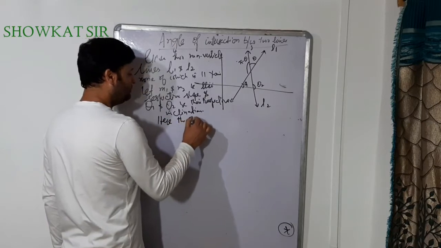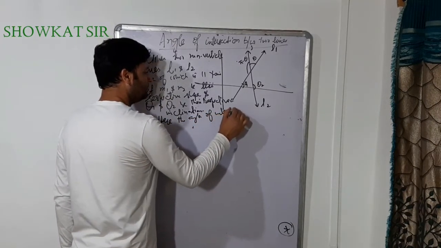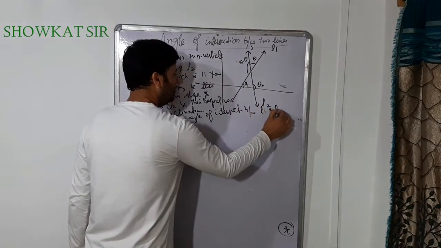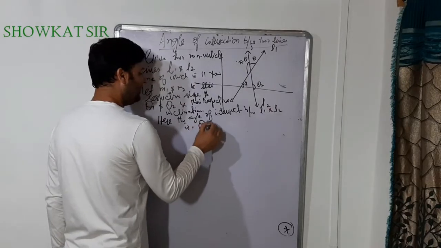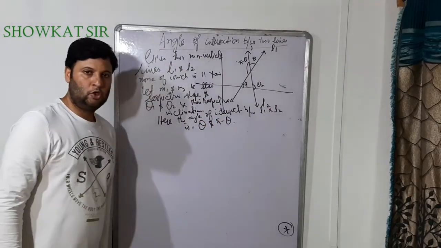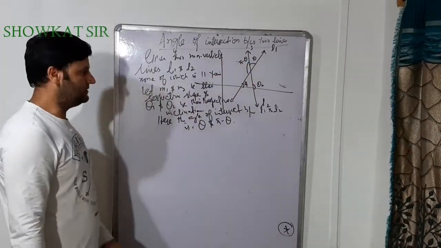The angle of intersection between L1 and L2 is theta and pi minus theta. One angle is theta, the second one is pi minus theta.